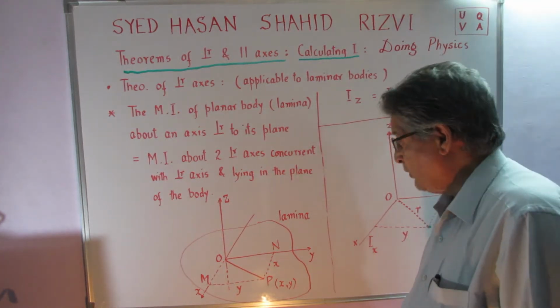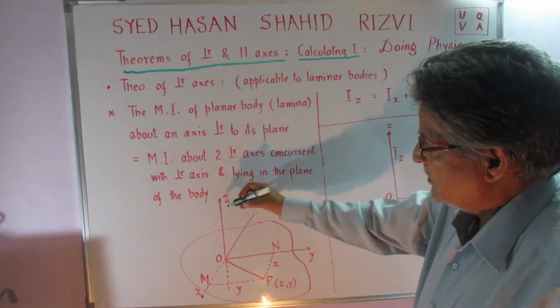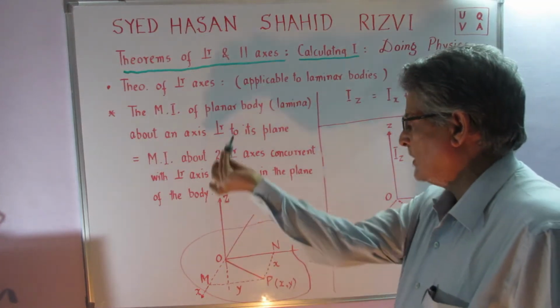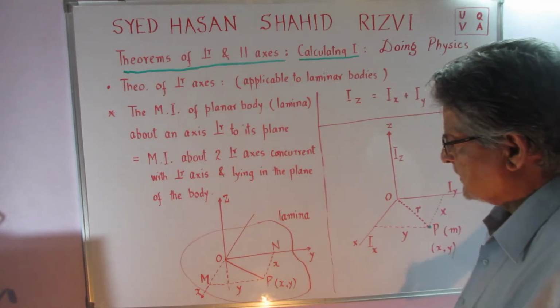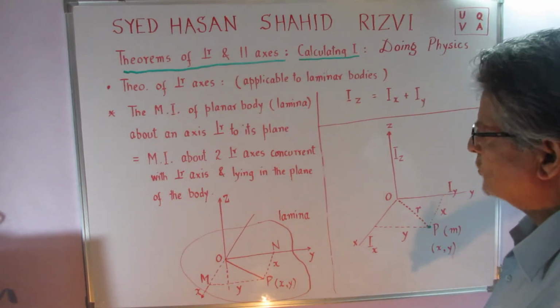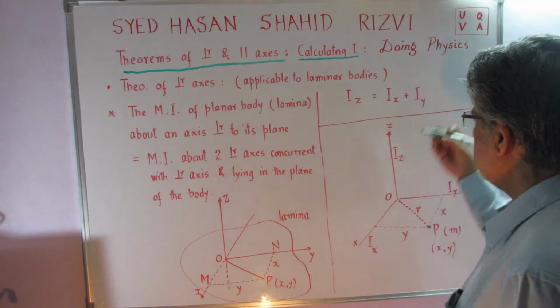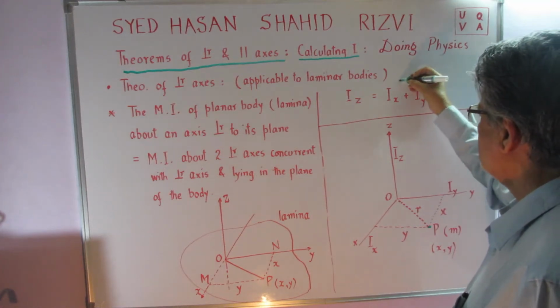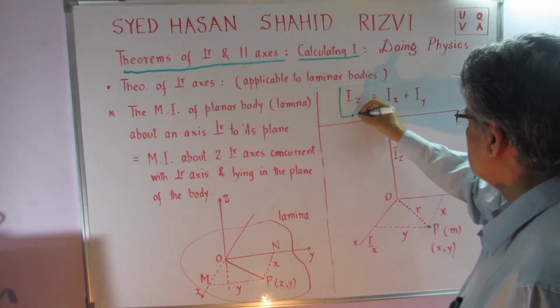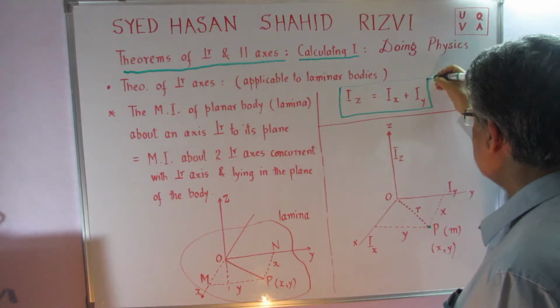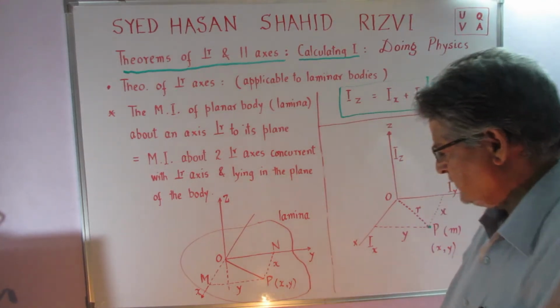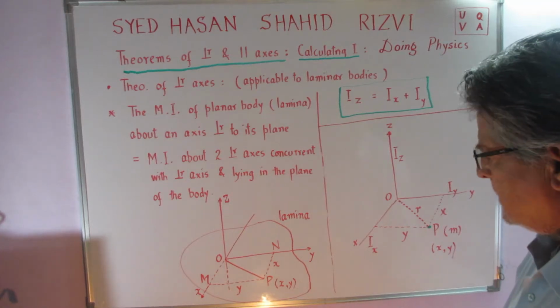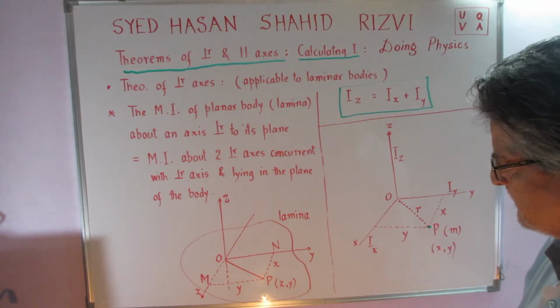Then we can calculate the moment of inertia about the perpendicular axis going through this center of mass. So I can say in a nutshell that the moment of inertia about the z-axis is equal to the moment of inertia about the x-axis plus that about the y-axis.